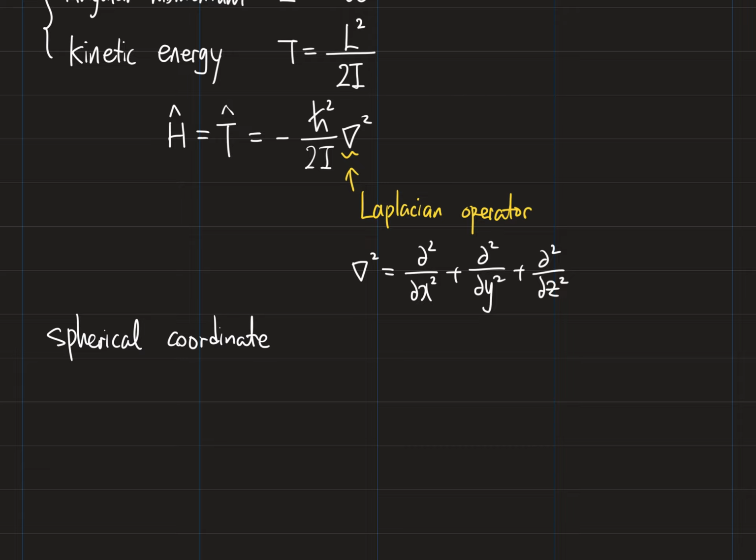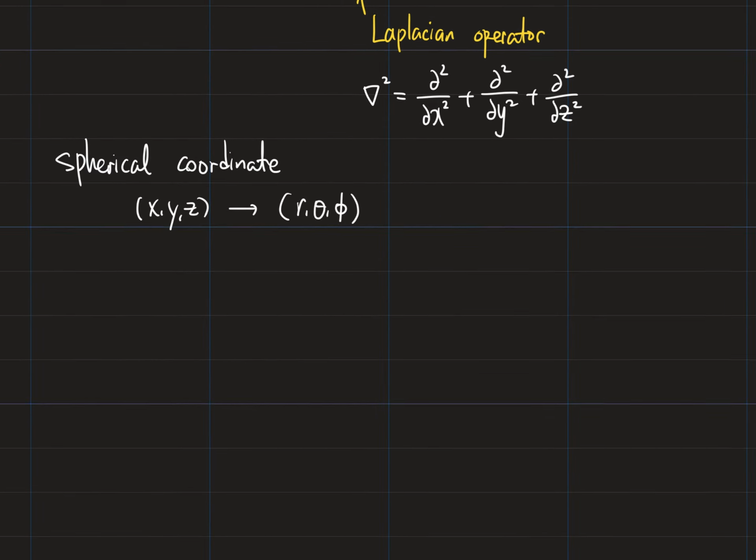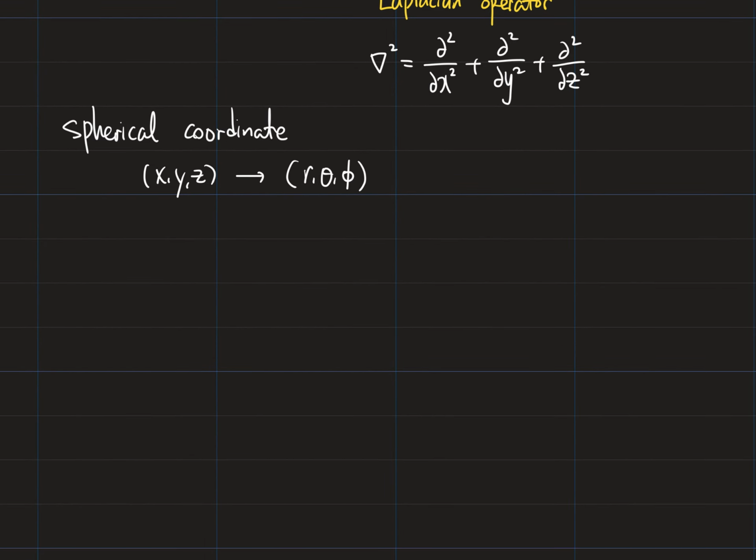In this coordinate, rather than x, y, z, we are going to use r, theta, and phi. I guess you are very familiar with this coordinate, so I'm not going to discuss that one here.